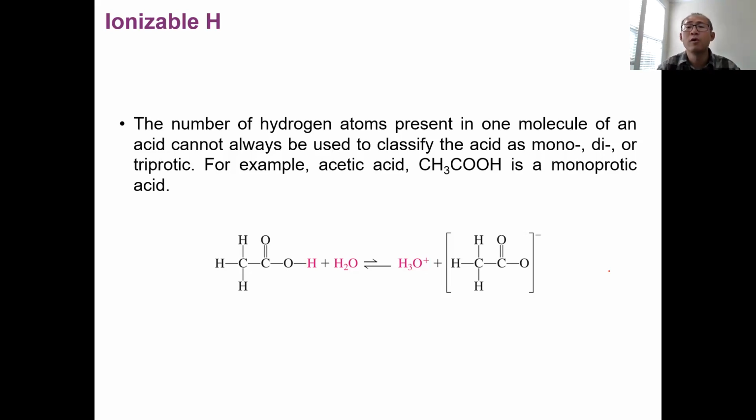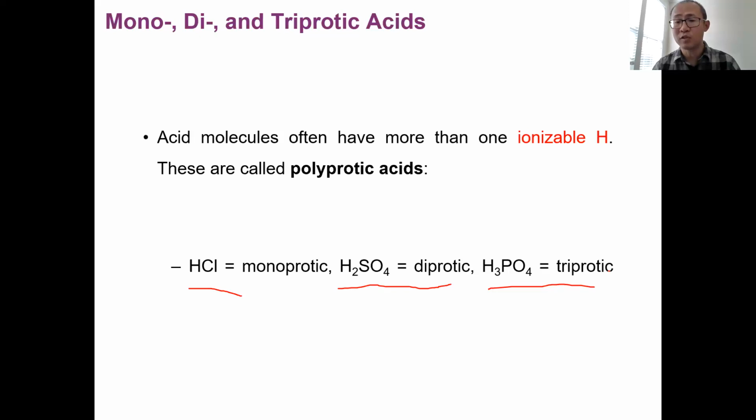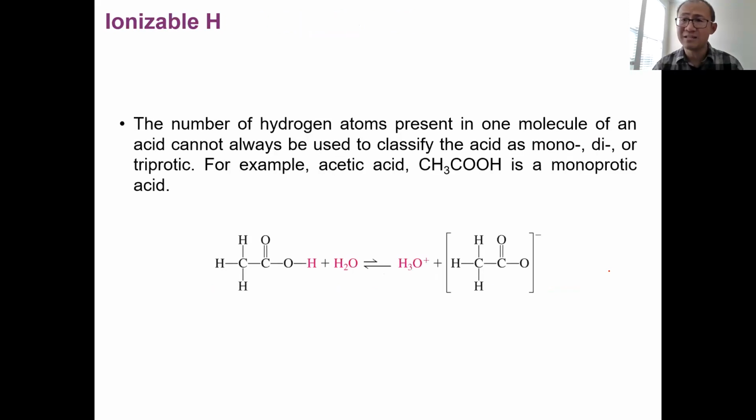Of course, you will learn more once you study the chemistry and structure of the acids. We don't elaborate too much here, but I want to show you that when a molecule contains multiple hydrogens, it doesn't mean all hydrogens will be ionizable. In the previous three examples, all these hydrogens are ionizable, but not in all cases.